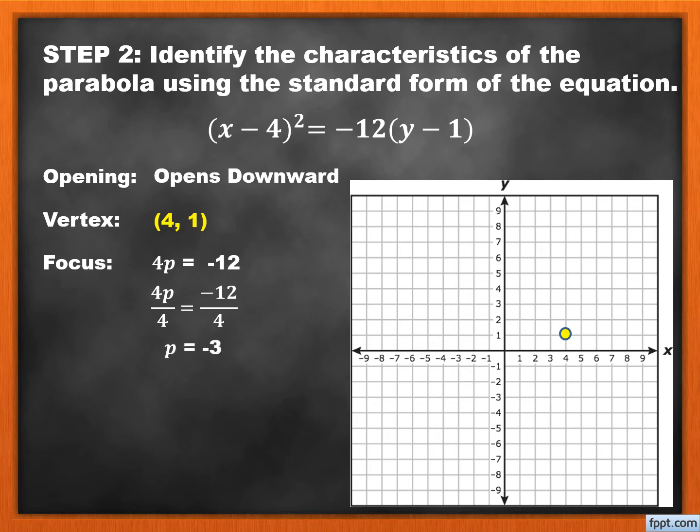Therefore, p is equal to negative 3. That means from the vertex, we move 3 units downward, and that point is (4, -2). Or simply, subtract 3 from the value of k, which is 1. Therefore, our abscissa is 4 and our ordinate is negative 2.